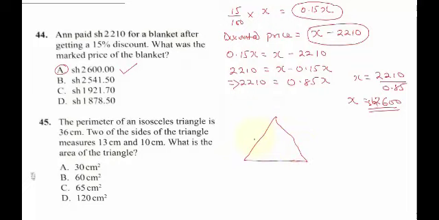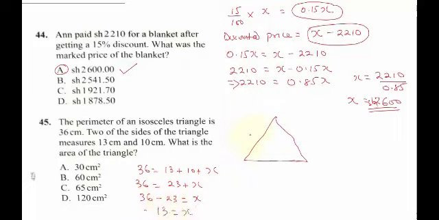So it said two of the sides measure 13 and 10. Now from here, the perimeter 36 is 13 plus 10 plus x, so 36 is 23 plus x. So 36 minus 23 will give us x, which is 13.